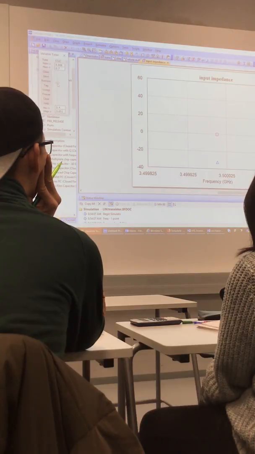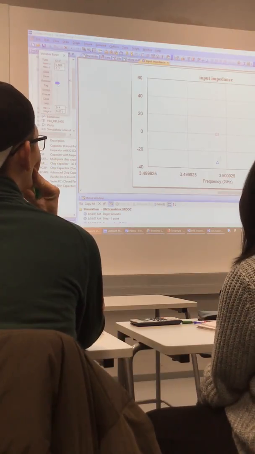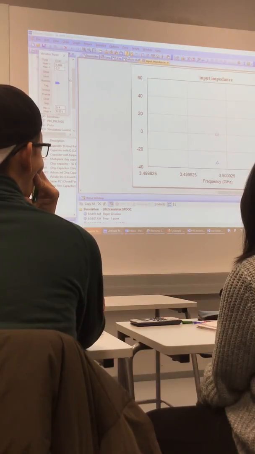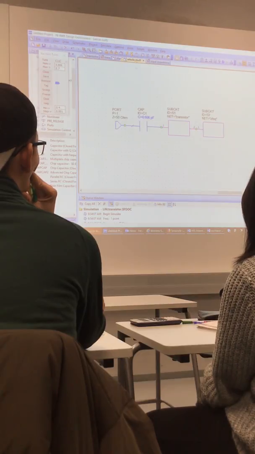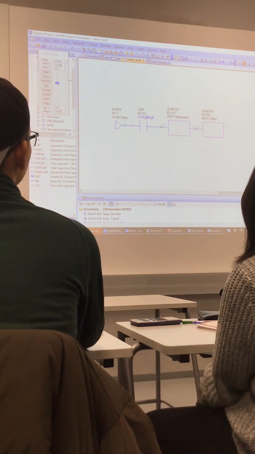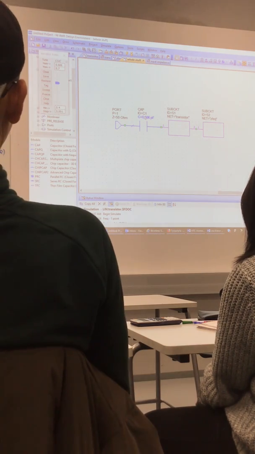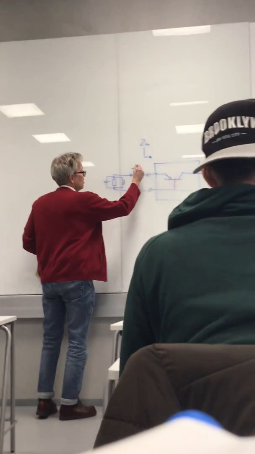Notice it doesn't affect the real part at all. Nice, isn't it? Now it's done. So our thing looks like this. It's compensated by a cap of something. So in our case, this is a cap.